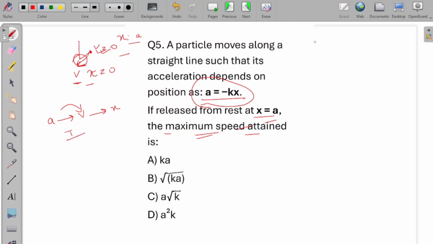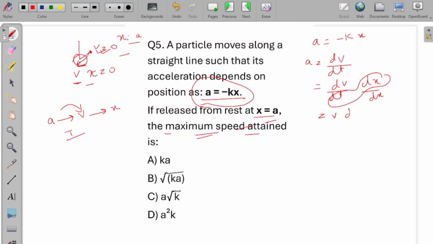So let's write this expression once again. A is equal to minus kx. A can also be written as dv by dt, and it can also be written as dv by dx into dx by dt. We know that dx by dt represents v.